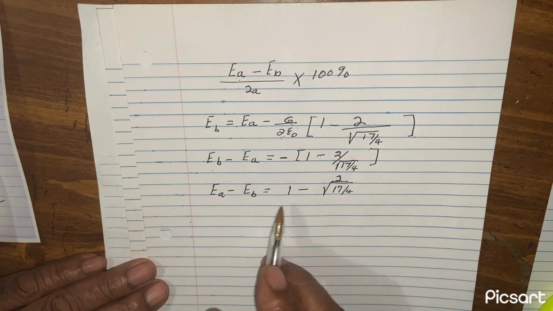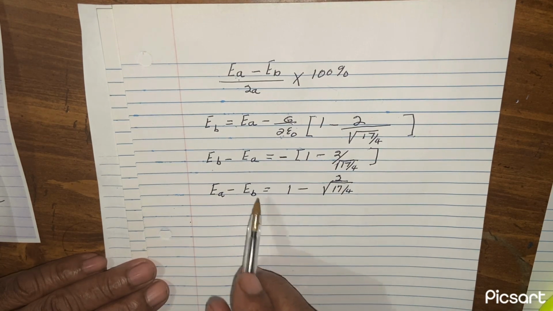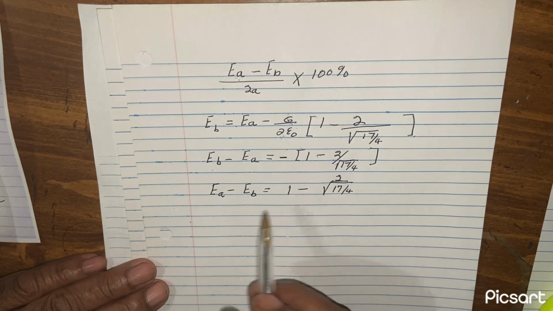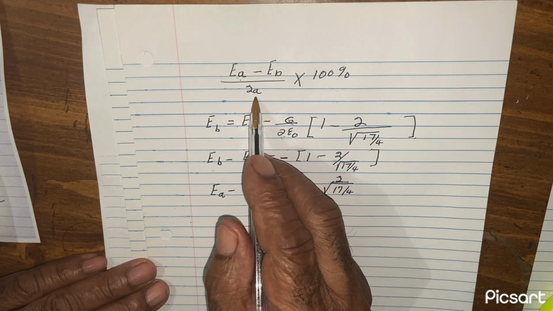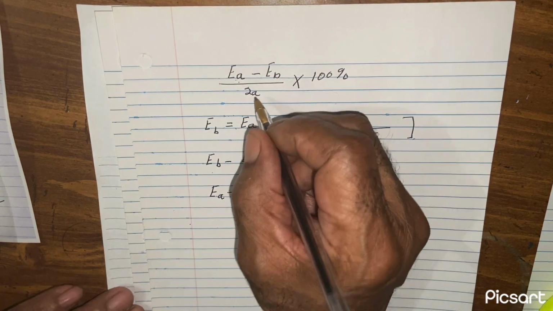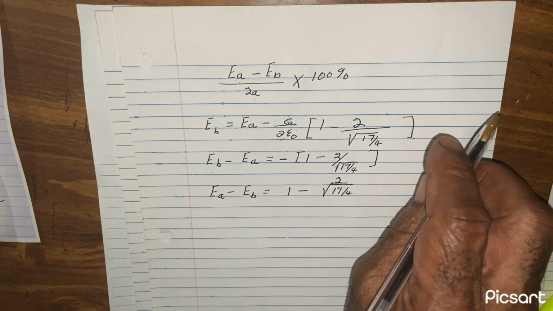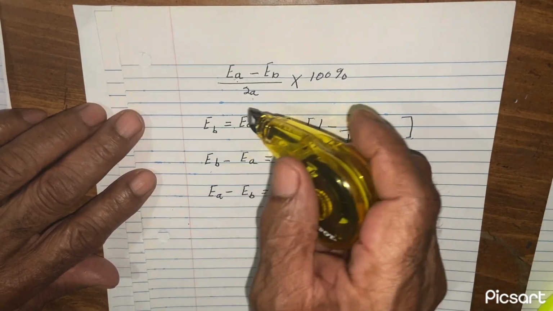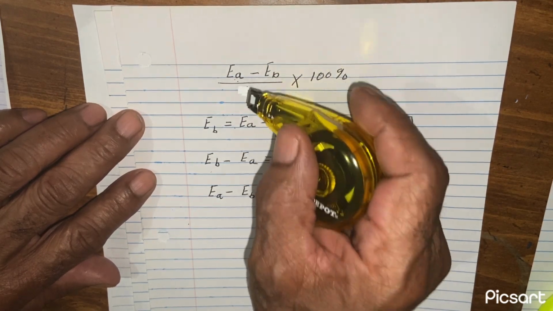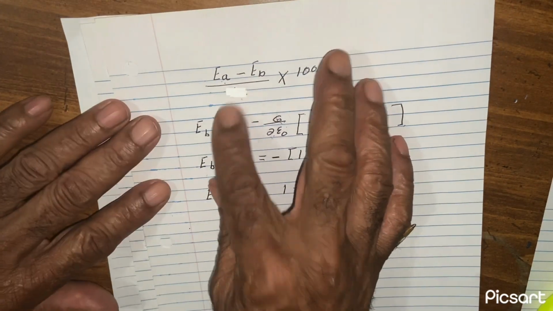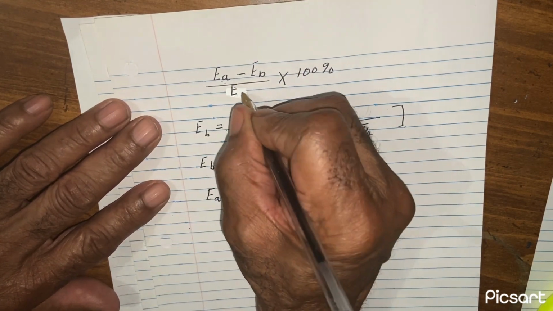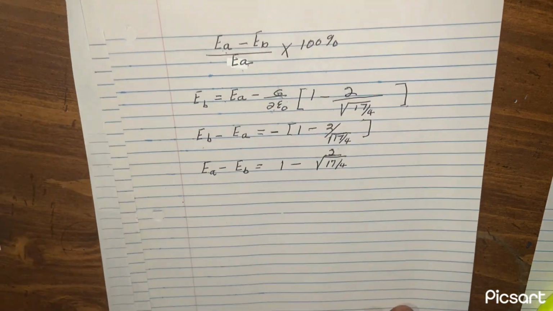So that's EA minus EB, and that's just going to be divided by EA. I don't know what I'm thinking about. Must be that's EA, not 2A. So divided by EA.